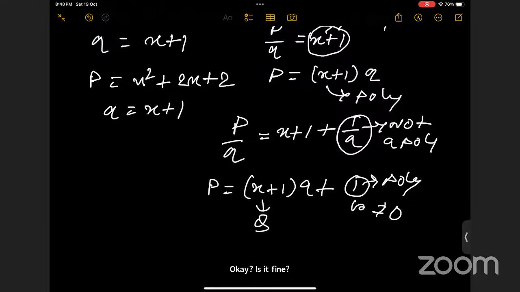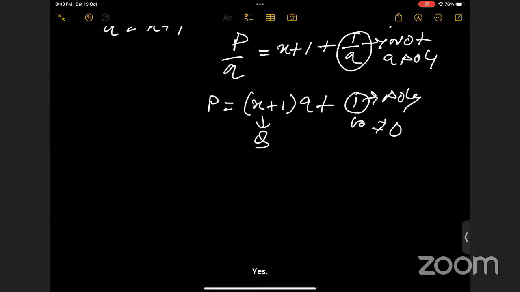Yeah. So if we want to do polynomial division, then factorization is a very good method. Yeah, Megha. Ma'am, I have a doubt about a question. Yes.